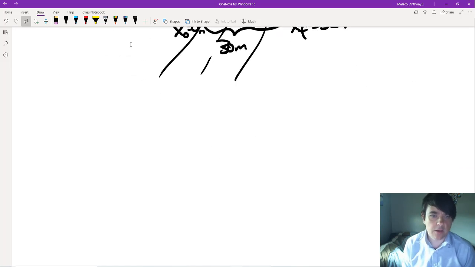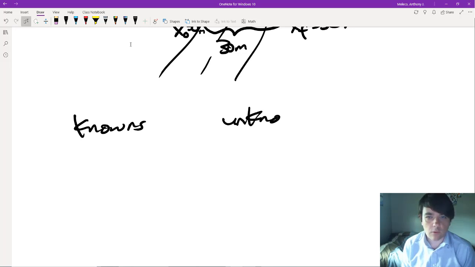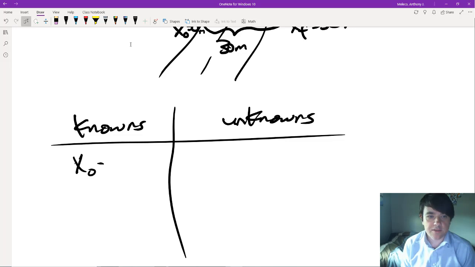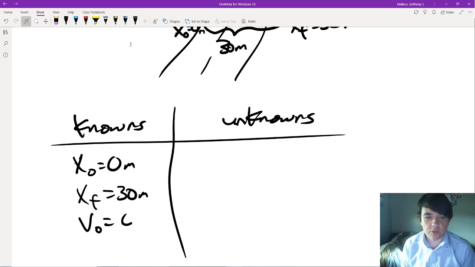So let's go ahead and do this. Okay, so knowns and unknowns. X initial is 0. X final is 30 meters, 30 meters wide. V initial, we're starting at 0.